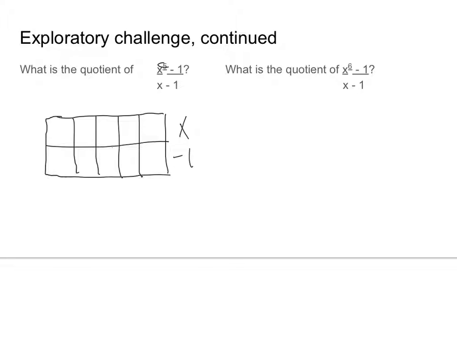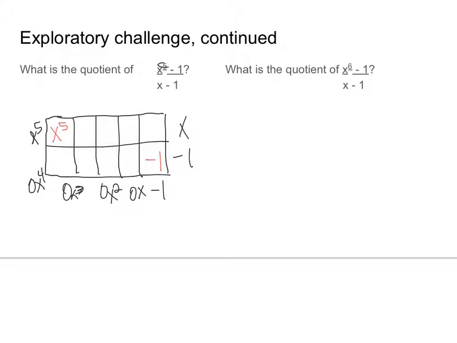I know here we're going to have an x to the fifth, 0x to the fourth, 0x to the third, 0x squared, 0x, and negative 1.